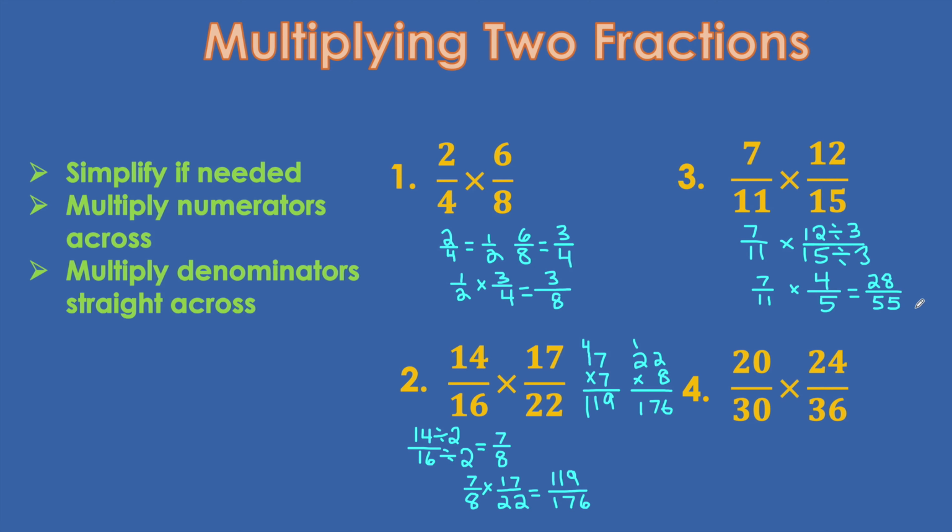Looking at the very last example, we have 20/30 times 24/36. Whenever you see two numbers that have zeros at the end, and they have the same amount of zeros, like this 20 and the 30, you can cross the zeros off.